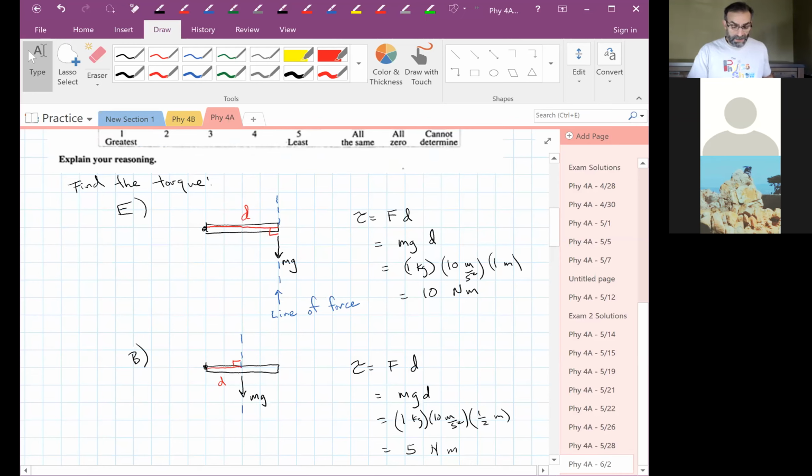What am I forgetting here? What should I be including for a complete answer? Direction. Torque is a vector quantity, so I should be including direction also.